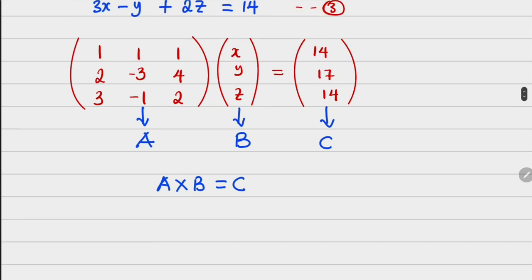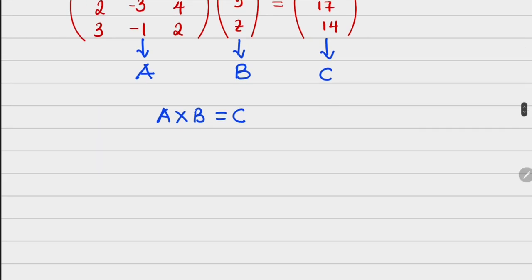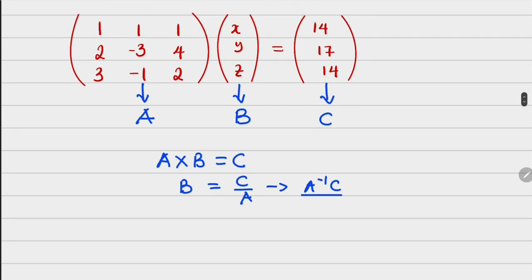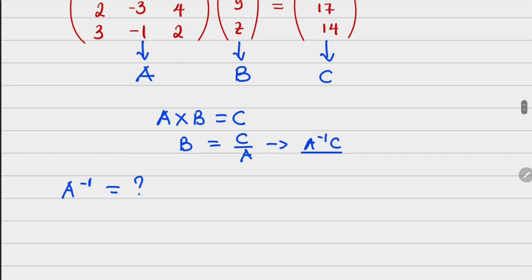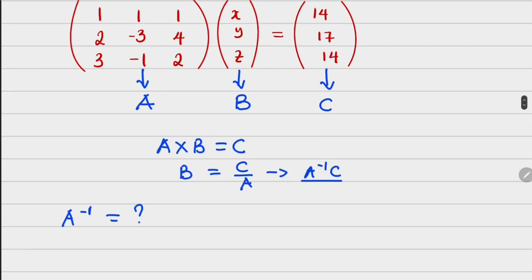What we are looking for is B, the unknown, the one that contains X, Y, and Z. So it means that B will be equal to C over A, which we can write as A inverse times C. So you see, this is very important. In working out this type of problem using the matrix method, A inverse is very important. So we have to go and get A inverse.